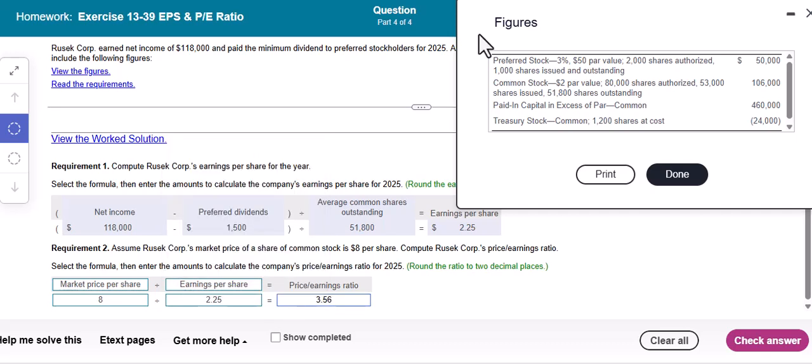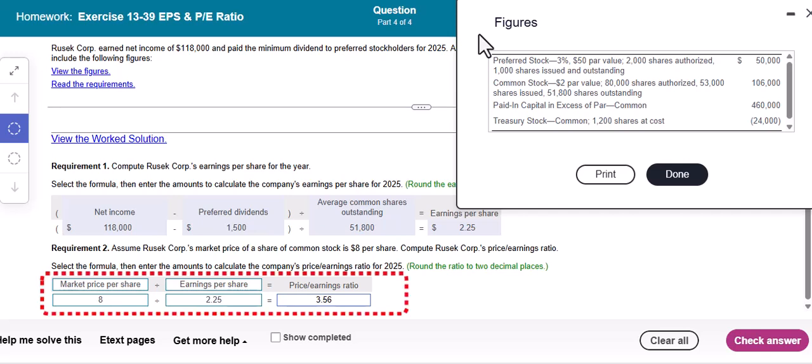So what does the PE ratio, the price earnings ratio, mean? In this case, we'll notice it's a fraction. We got the market price divided by the earnings per share. So it's saying if you're paying $8 for every $2.25 of earnings, remember, earnings is profit. So if you're going to buy the stock, you're paying $8 per share to get $2.25 of net profit or net income.